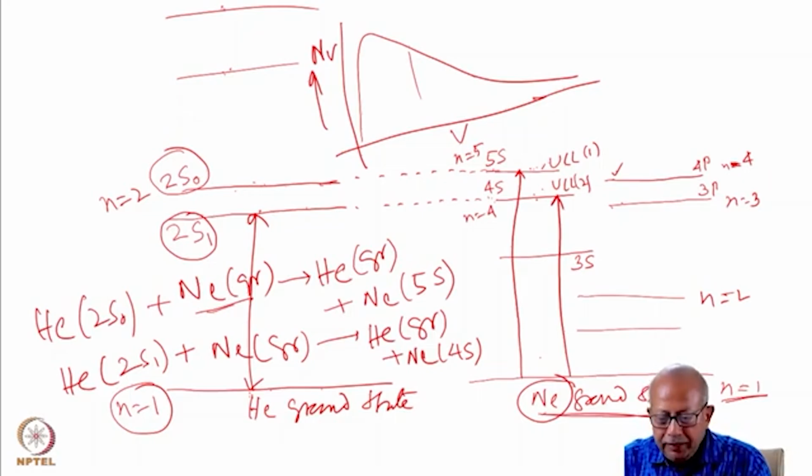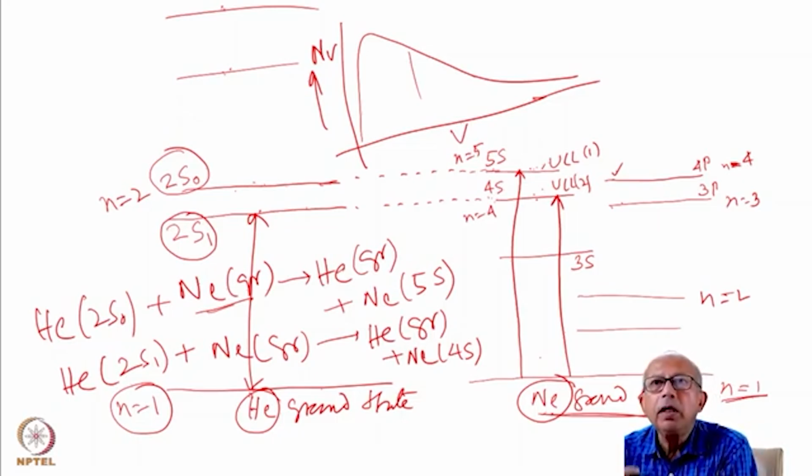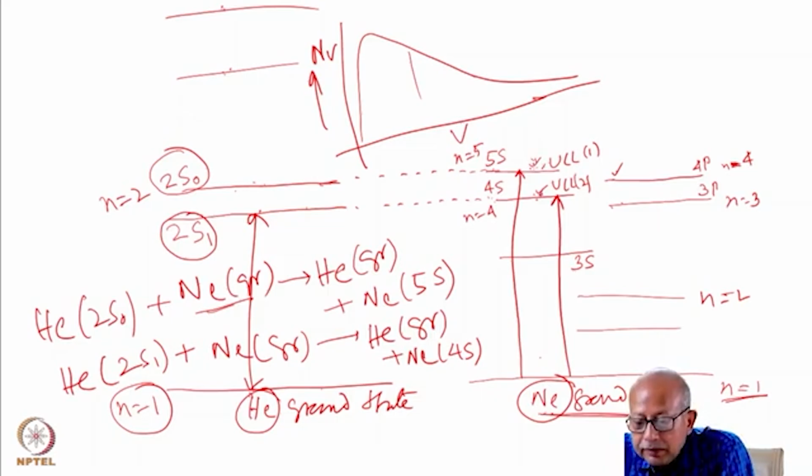And by appropriately varying the concentration of helium in the helium-neon mixture, a significant number of neon atoms can be made to populate the two upper levels. And thus, we will be able to create population inversion in the mixture.